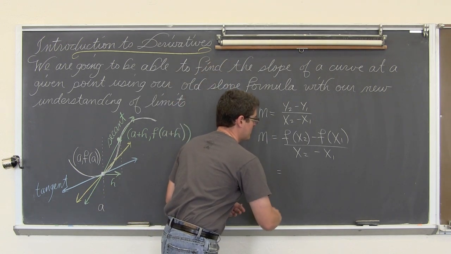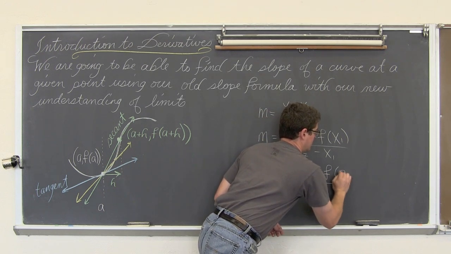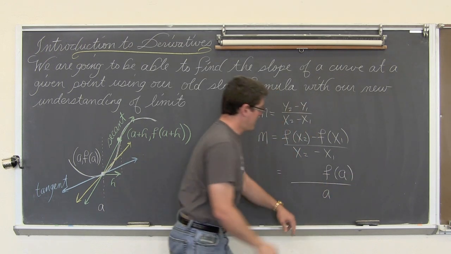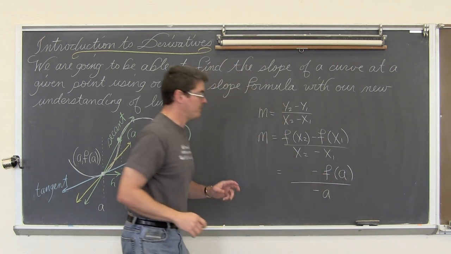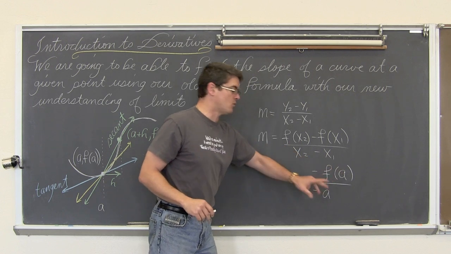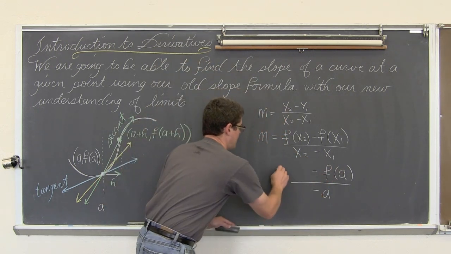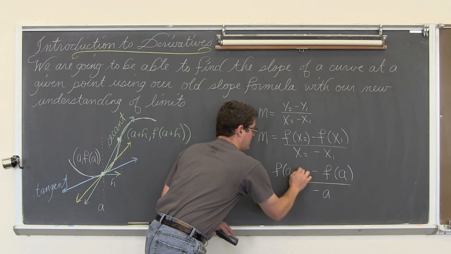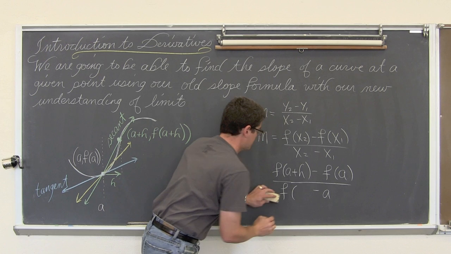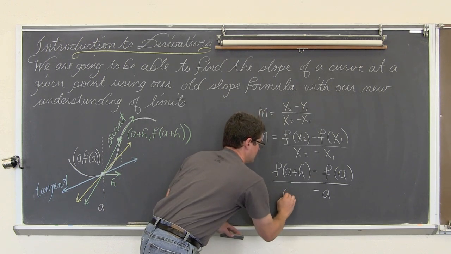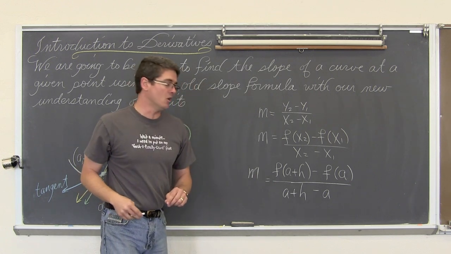So we have a point defined as a and f of a, or x and y, and the other point is going to be described from this original one with a distance of h from it. So we have f of a plus h, over a plus h, and that's equal to slope.